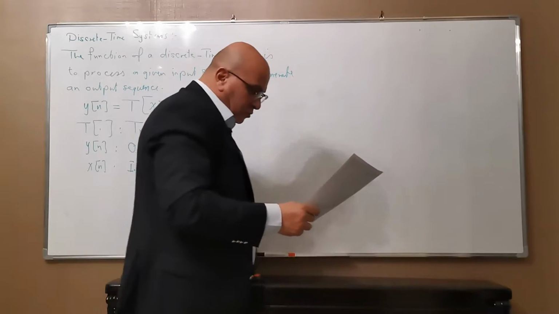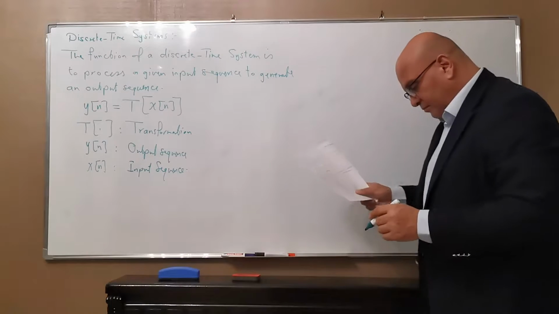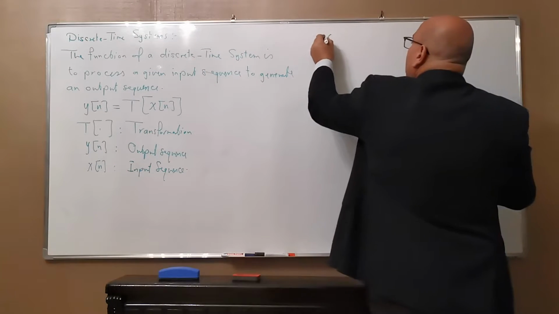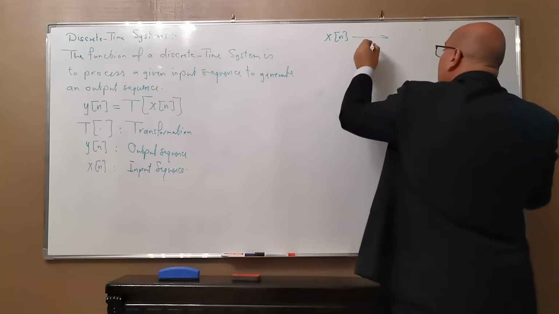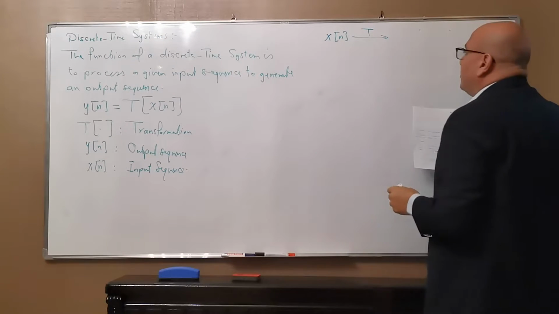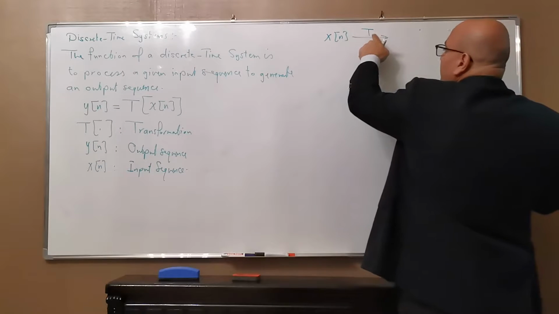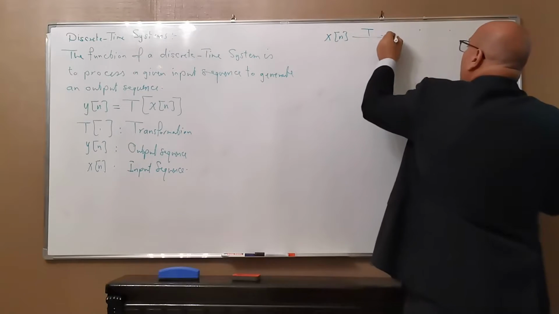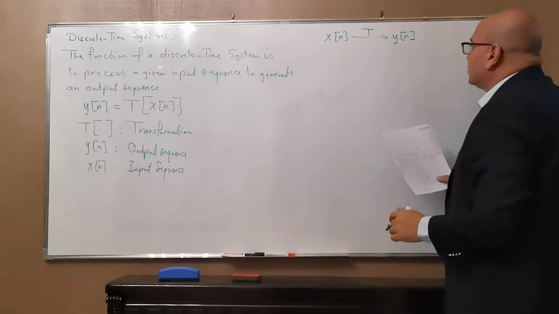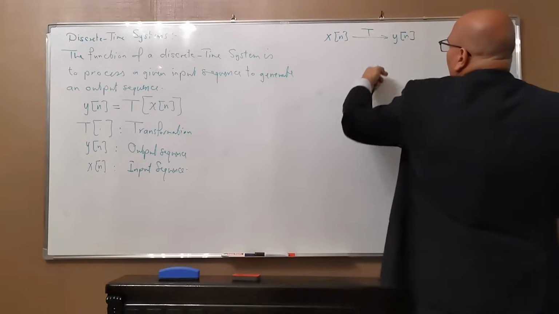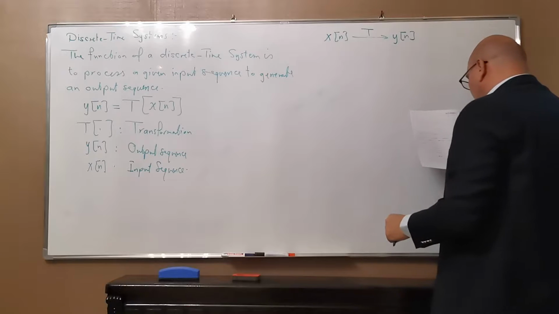We can also represent this as x of n with an arrow with T above the arrow. T means transformation, and the output here is y of n. So we can represent x of n going in this direction to give us y of n.